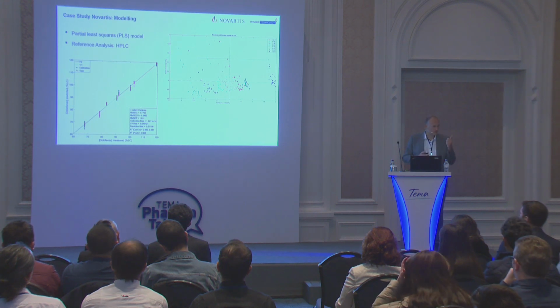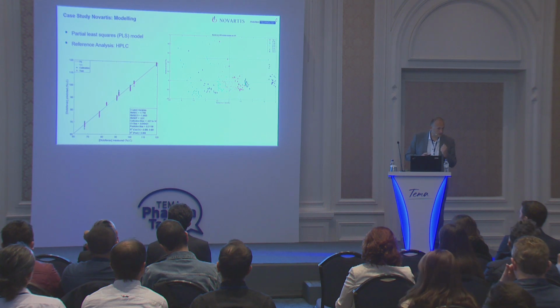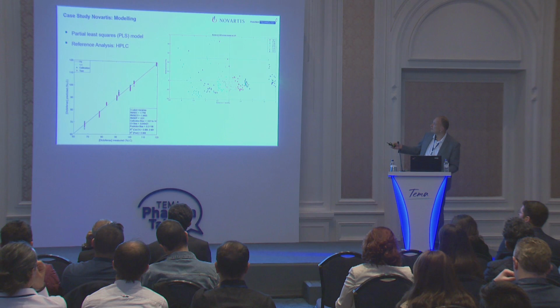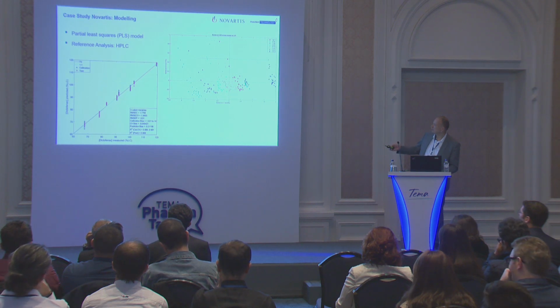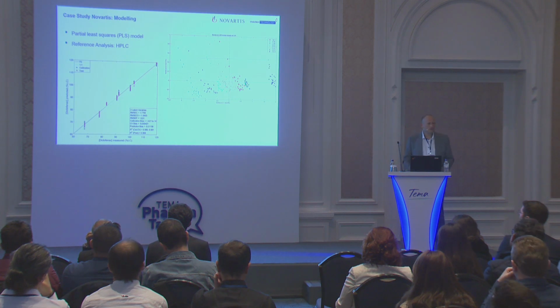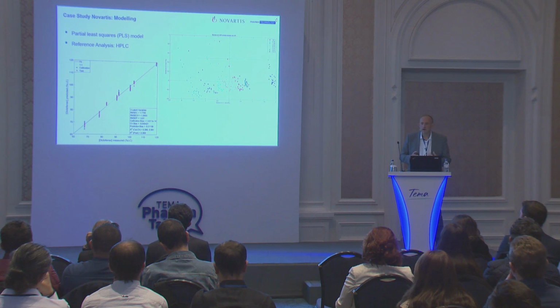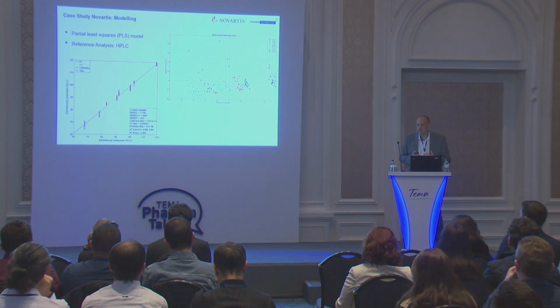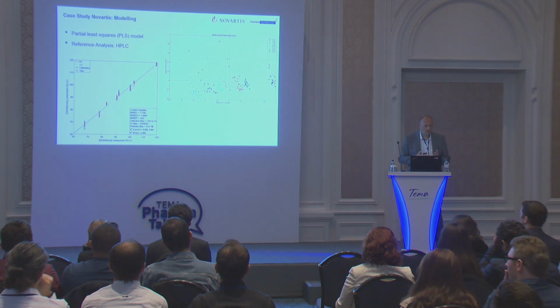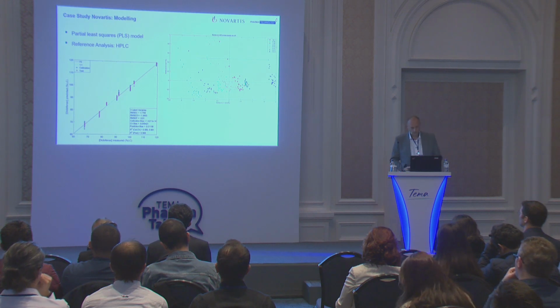So we took samples from 75% drug load up to 125. And this is what you see here: 75, 80, 85, and so on up to 125. And this is very important. If you see in the scores that you have a main direction, you know that your NIR model is sensitive for API fraction. This is very important to know.